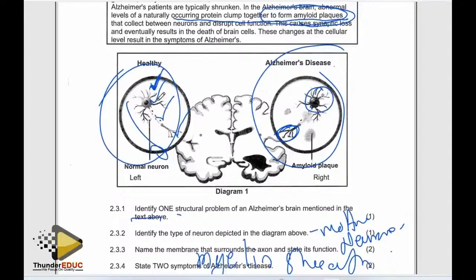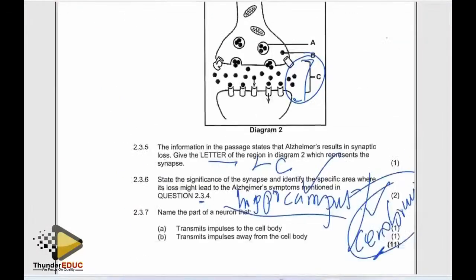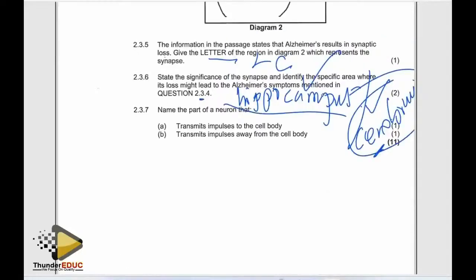Dendrite, cell body, axon, to the terminal branches of the axon. So we say that impulse moves from the dendrite to the cell body, then from the cell body to the axon, then to the terminal branches of the axon.